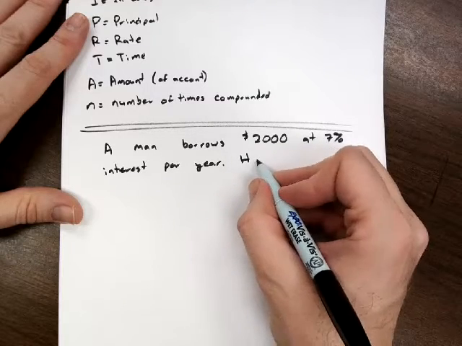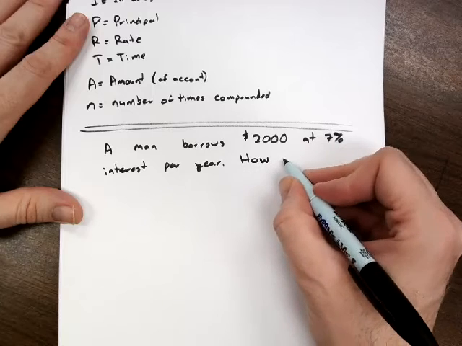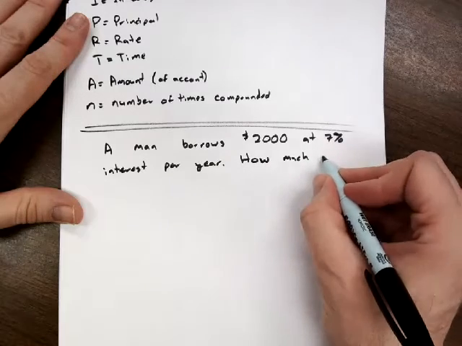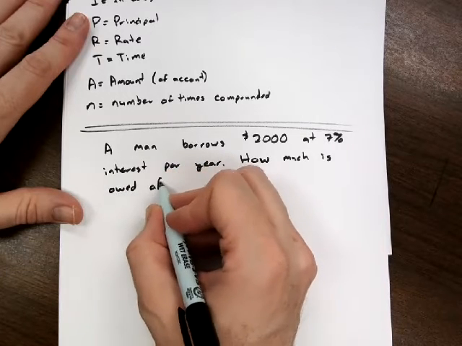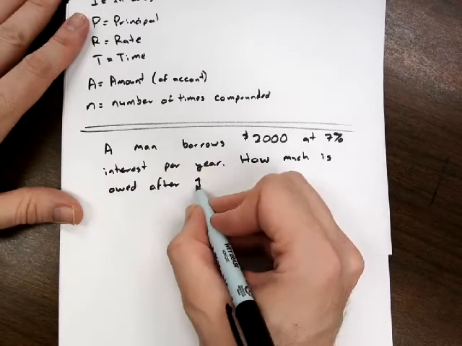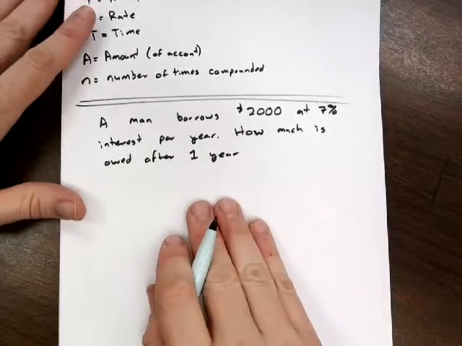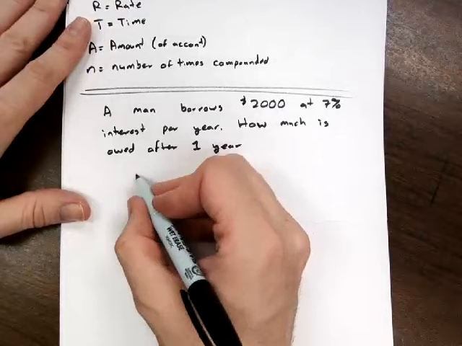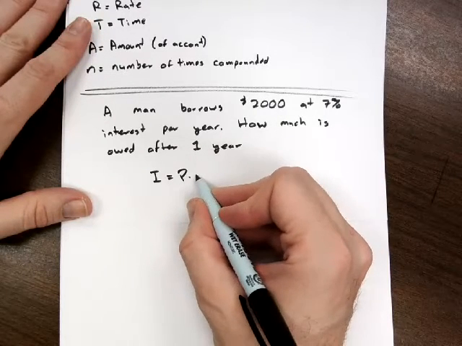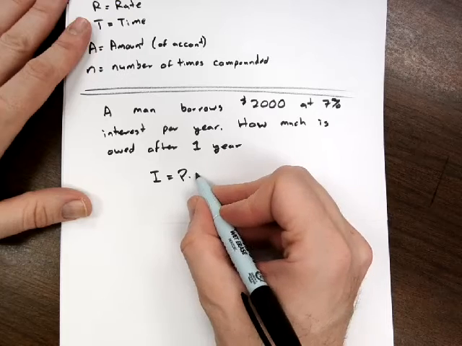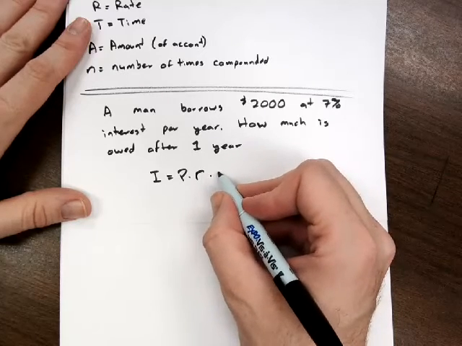How much interest does he owe after 1 year? Or how much does he owe after 1 year? Well, we're going to just go ahead and say we've got this interest is equal to that principal times that rate. You probably should have used the lowercase r, and then times our time.